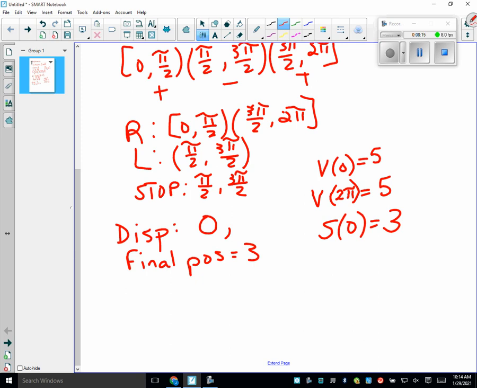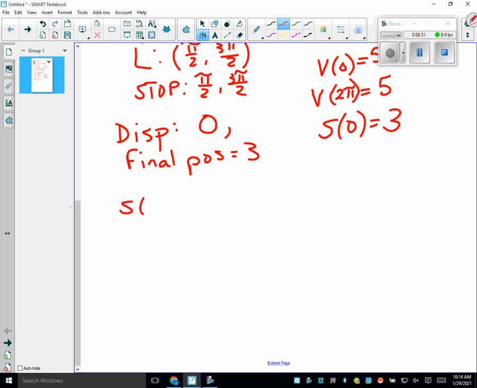Now the question is, what is the total distance traveled? What I need is S sub 0, S sub pi over 2, S sub 3 pi over 2, and S of 2 pi. How did I pick those values?